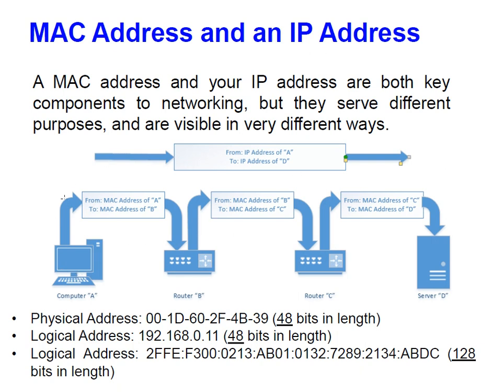The computer goes to router B with the MAC address of A to the MAC address of router B, from router B to router C with the MAC address of router B to the MAC address of router C, and from router C to router D with the MAC address of router C to the MAC address of router D, and thereby your packet will be delivered.